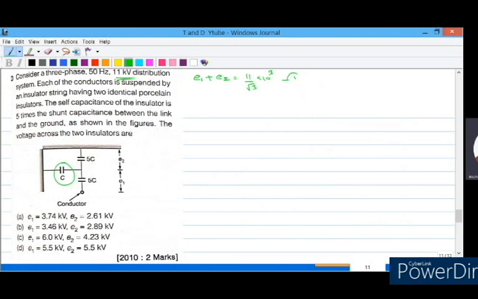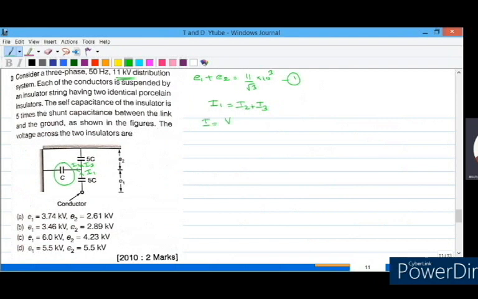This is the first equation, and the second equation we should derive, and here we can write the current equations as I1, and here it is I2, and here it is I3. So I1 is equal to I2 plus I3. So incoming current is equal to I2 plus I3. So how to write the I?